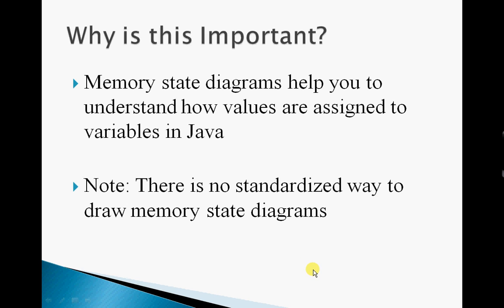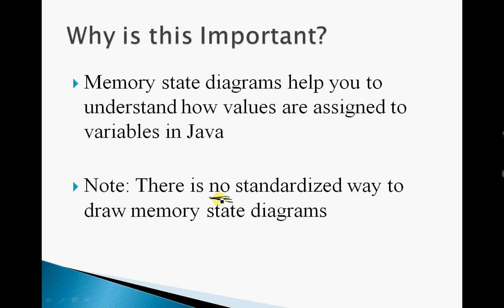One important note here is that there is no standardized way to draw memory state diagrams. The drawings which you will see in this video and in subsequent videos are just one way of doing things. This is not UML.